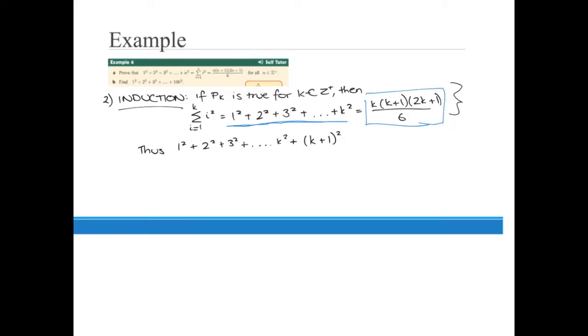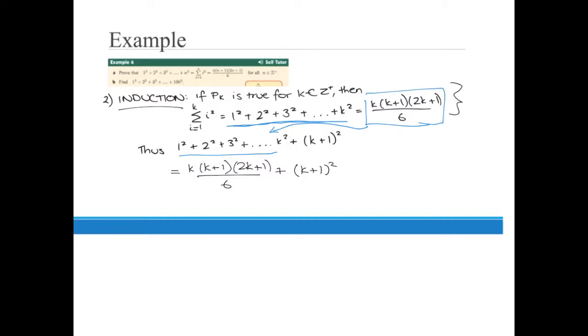So we can now sub this in for that bit there. So we can now say that it's equal to k plus 1, 2k plus 1 over 6, plus (k plus 1) squared.